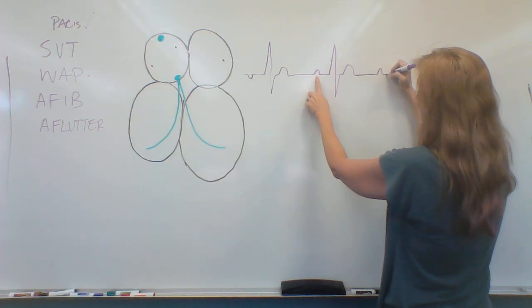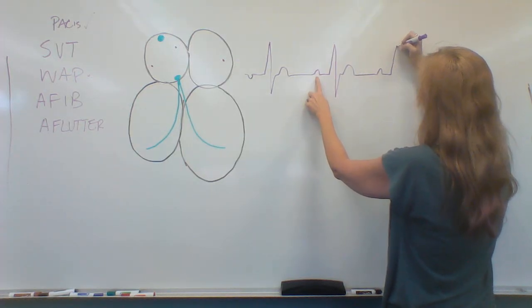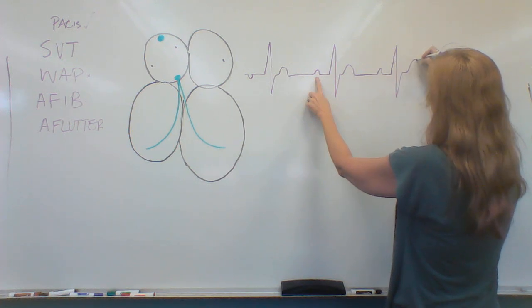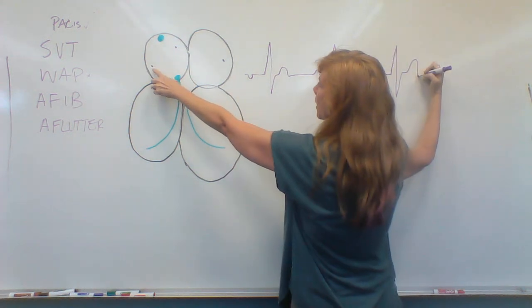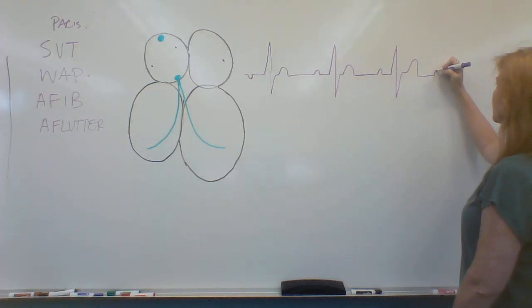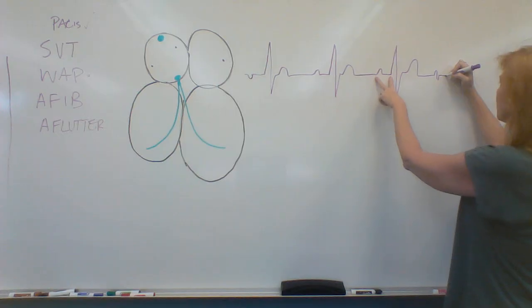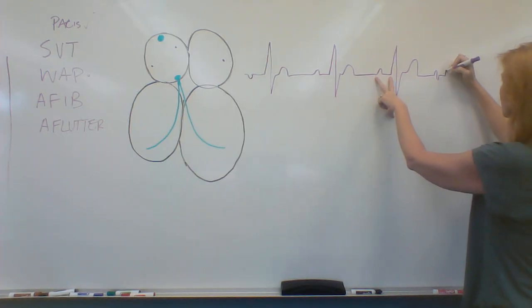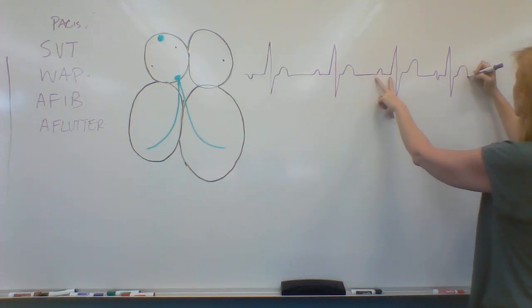I'll try to make it look the same. But then this one goes, and it's in a different location, and that one makes a biphasic P, above and below the line, and it has a slightly different PR interval. But the QRS will be the same because it goes down the same bundle branch pathway.